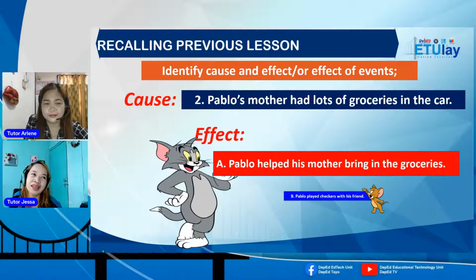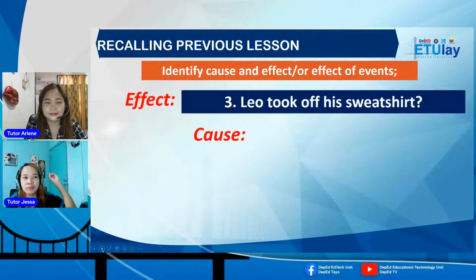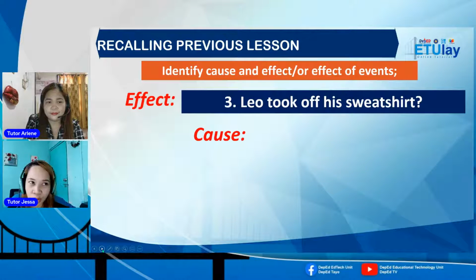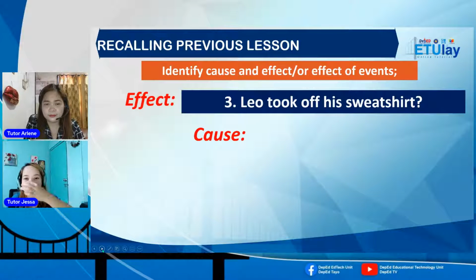Alright, and let's have number 3. So we have here the effect. You are going to find the cause, okay? So the effect is Leo took off his sweatshirt, okay? So hindi yan question mark, kids. Okay, so period only. Alright, so Leo took off his sweatshirt.